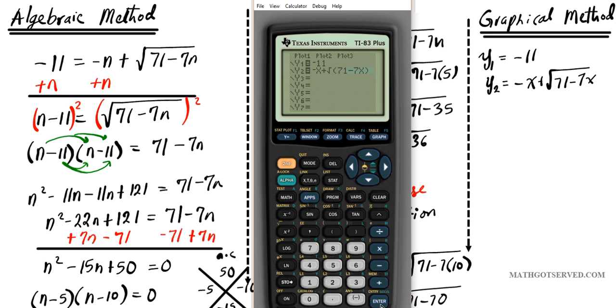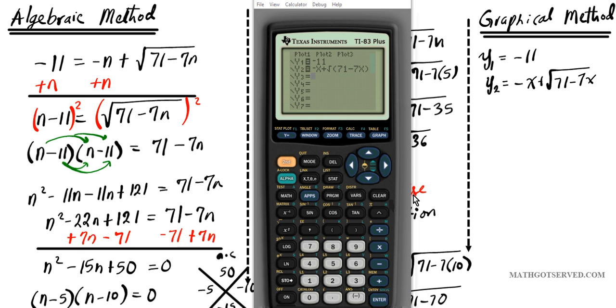Okay? All right, so go ahead and graph the functions. Let's zoom standard. And there goes the radical function.